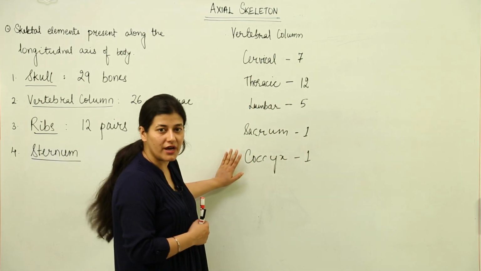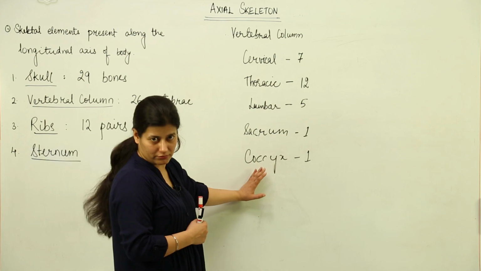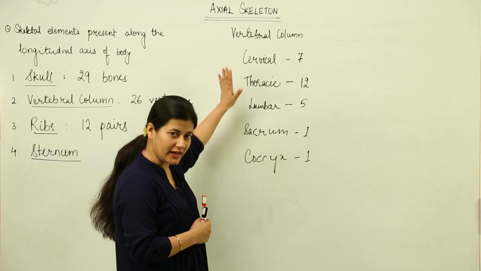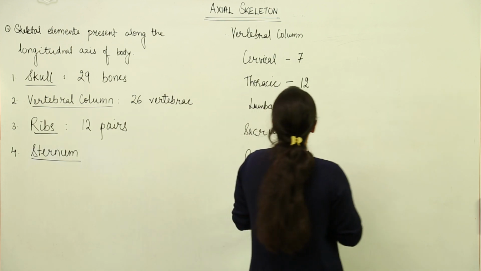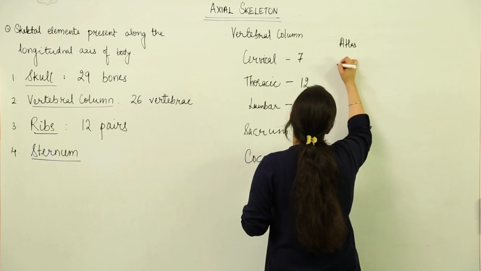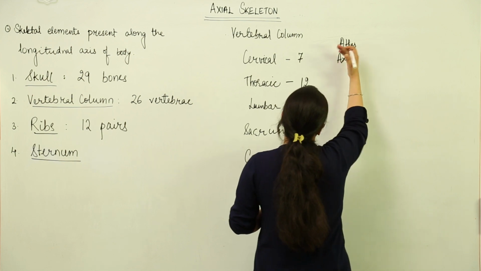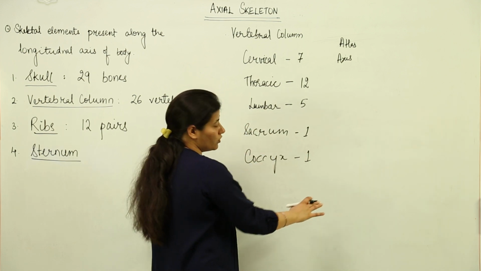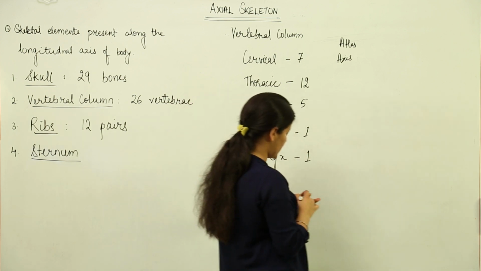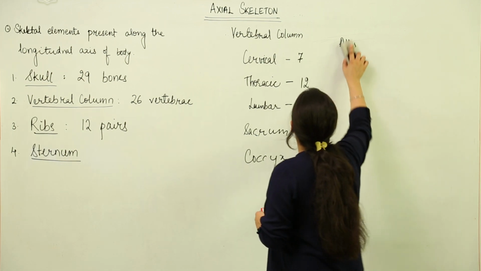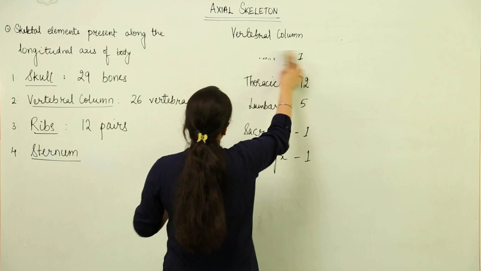How they are named and the number in each region of the vertebral column, you have to remember. Another thing to remember is that the first cervical vertebra is atlas, the second one is axis, and the remaining 5 are there. Then there are thoracic vertebrae, then lumbar, sacral and coccyx, and inside each vertebra the spinal cord passes through the hollow cavity.